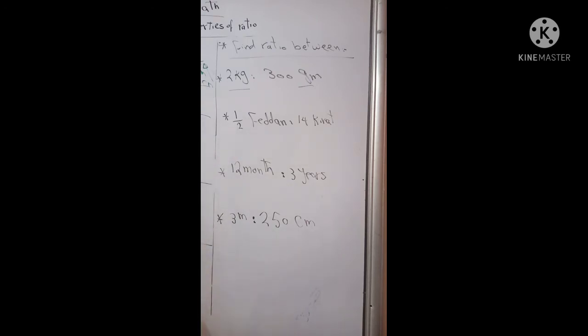To convert from kilogram to gram we will use the times operation. Kilogram equals 1000 gram. We will times 2 by 1000 equal 2000. We convert 2 kilogram to 2000 gram.